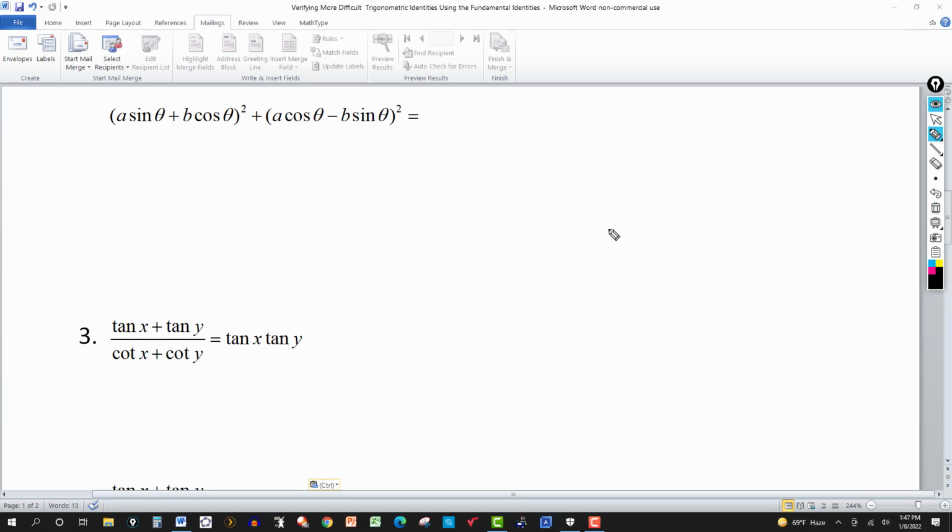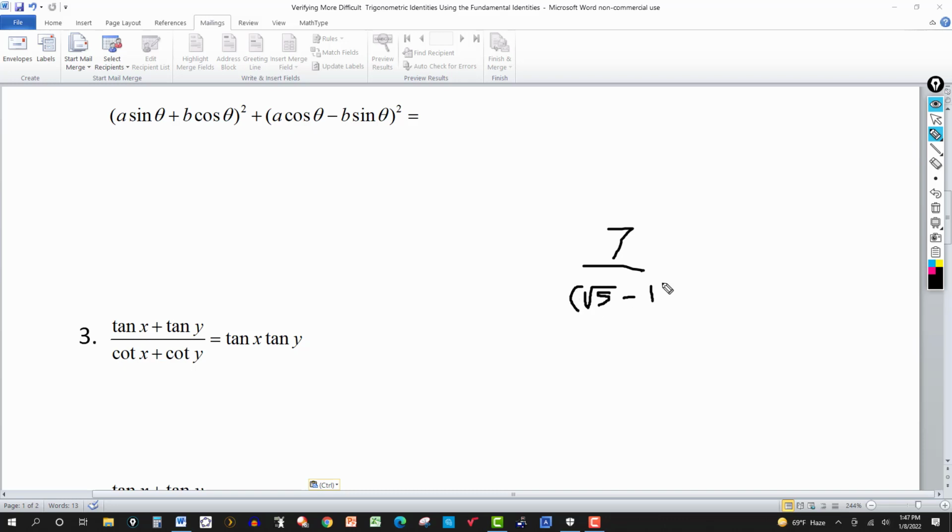Or if you have something like 7 over the square root of 5 minus 1, how do we get rid of that radical there? Well, we can't just multiply by radical 5, because multiplying by radical 5 eliminates that, but then you've got minus radical 5.